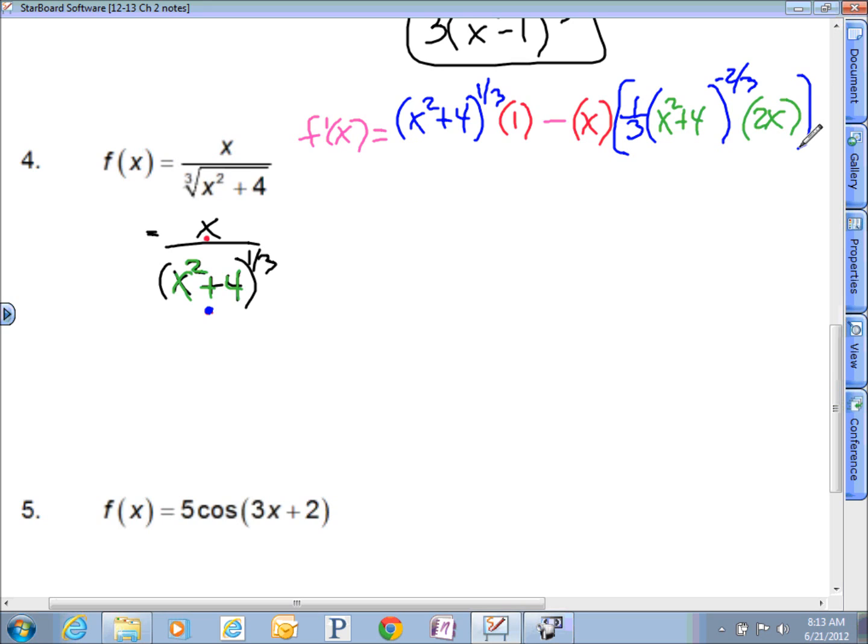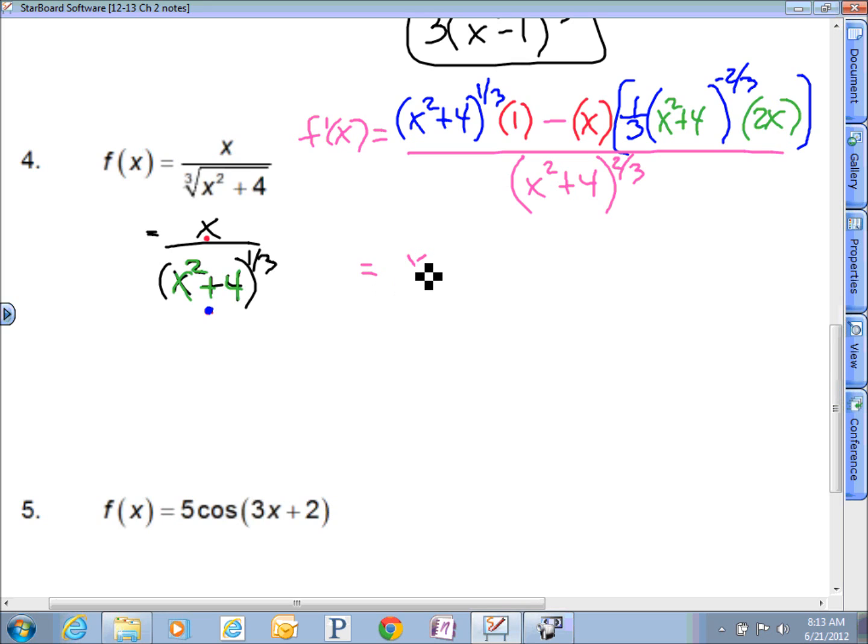So all of this disaster right here is the derivative of the bottom, the blue function. And now finishing off your quotient rule, we've got x squared plus 4 to the 1/3 being squared. So that's going to raise this to the 2/3 on the bottom. All right, well, this is terrible. This is awful. How am I going to simplify this? Let's rewrite it so it looks like it's supposed to.